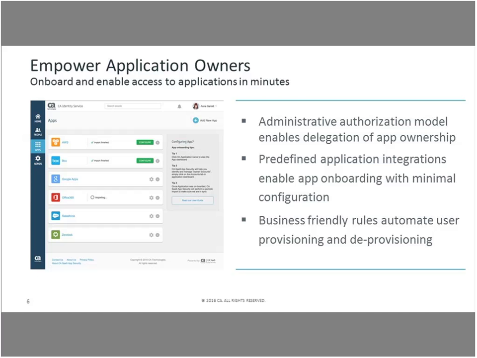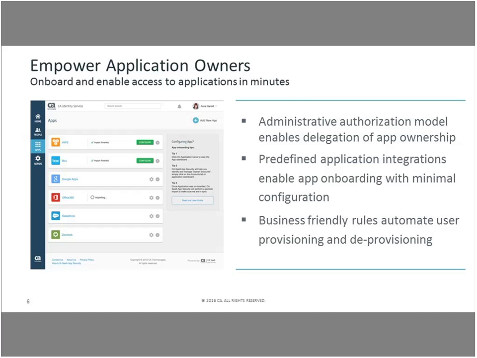And it's so easy to do that we feel very confident that you're able to put this in the hands. You basically delegate administration of each of those SaaS apps to those line of business folks who are the subject matter experts, who know who should have what level of access.